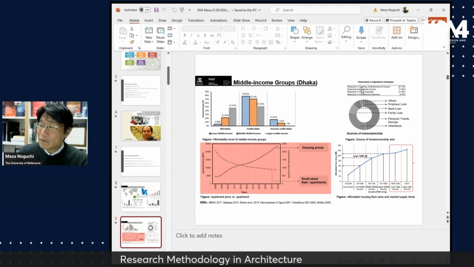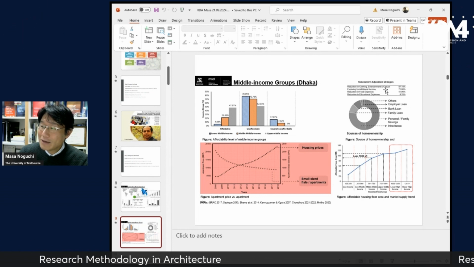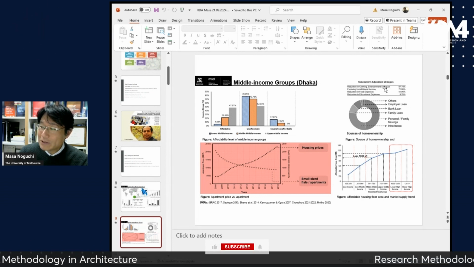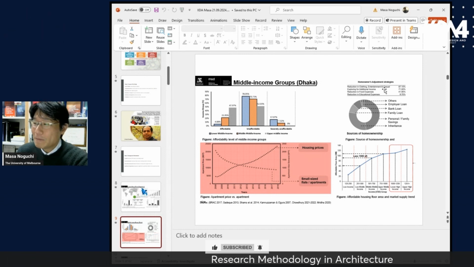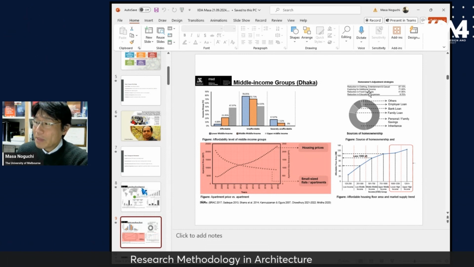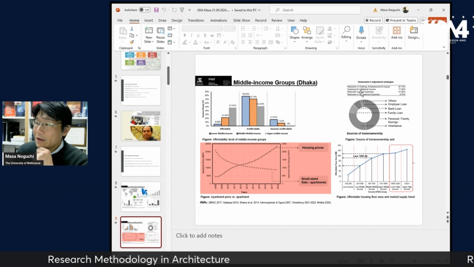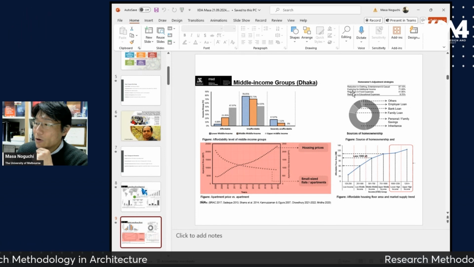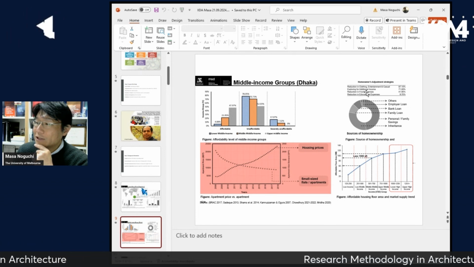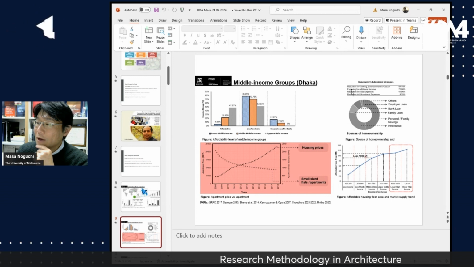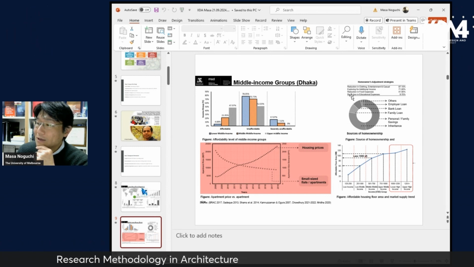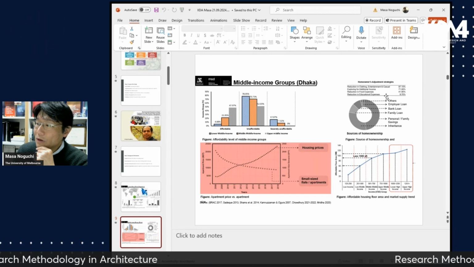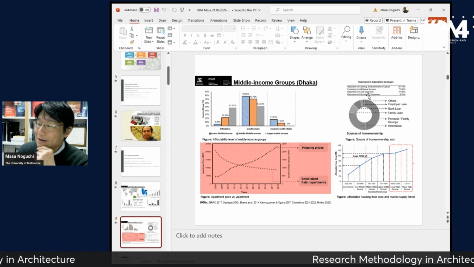A reduction of their clothing and entertainment cost, 87%. They tried not to spend money on entertainment, and they also explore additional income. 71% reduction of food, 41%.